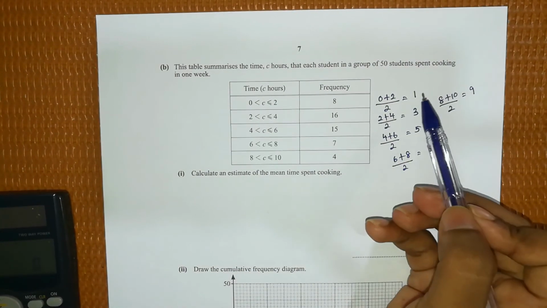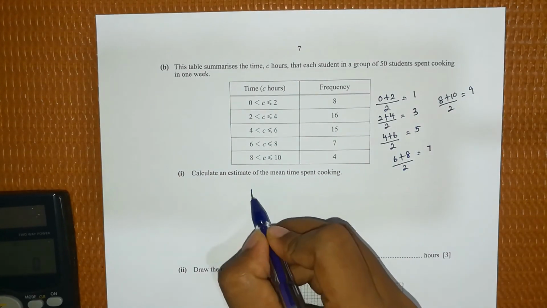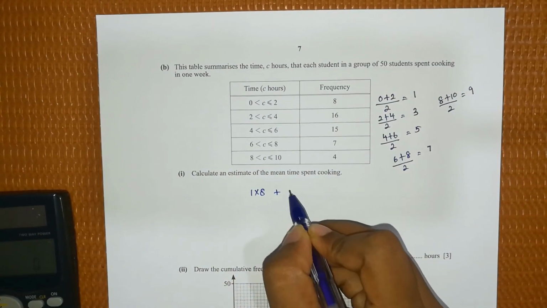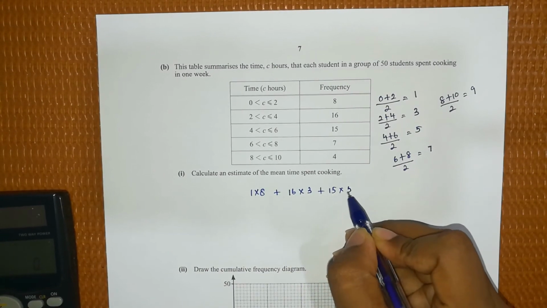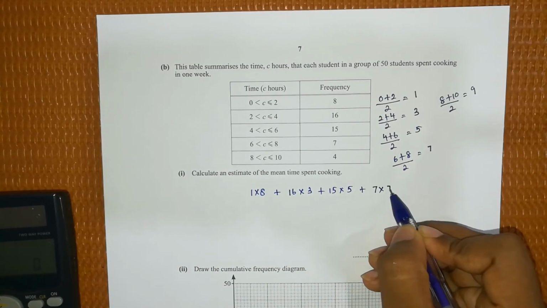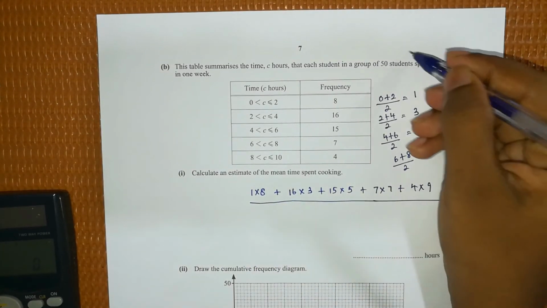Then we multiply each corresponding mid value with the frequency. 1 into 8 plus 16 into 3 plus 15 into 5 plus 7 into 7 plus 4 into 9, and this is about 50 students.